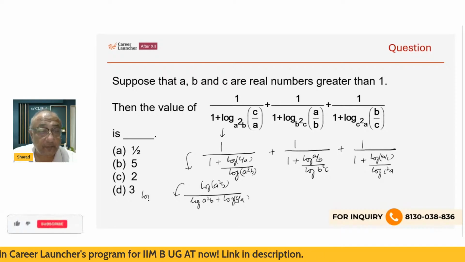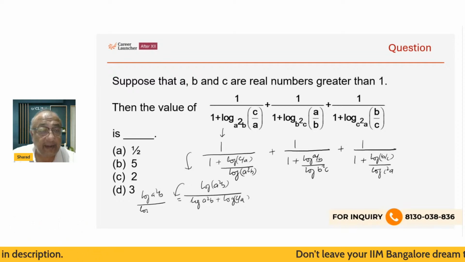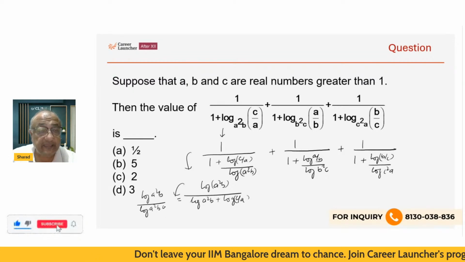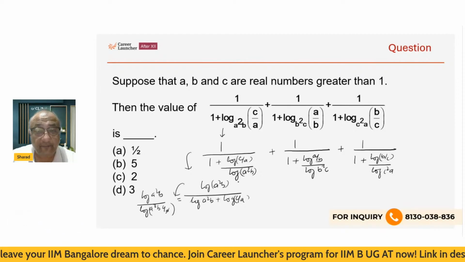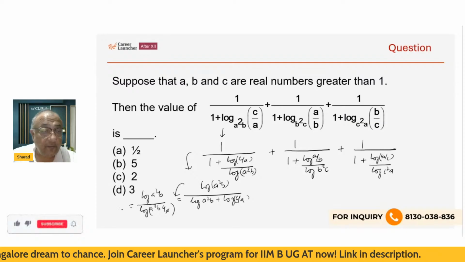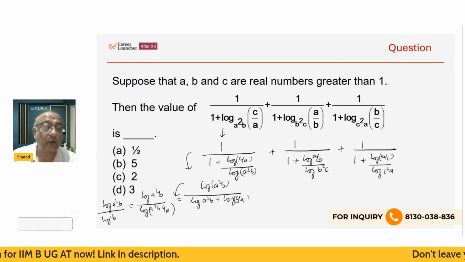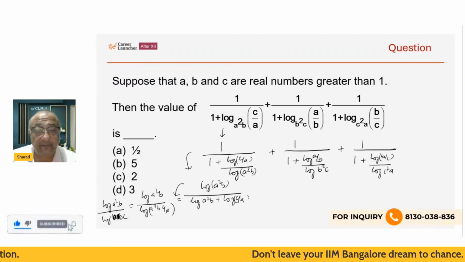So this will become log a square b, and if I add these two logs, a square b and c by a will get multiplied. This a will come out. So what do we have as the first term? We have log a square b upon log abc. Wow! Now I have got the trend. Every denominator will have log abc.